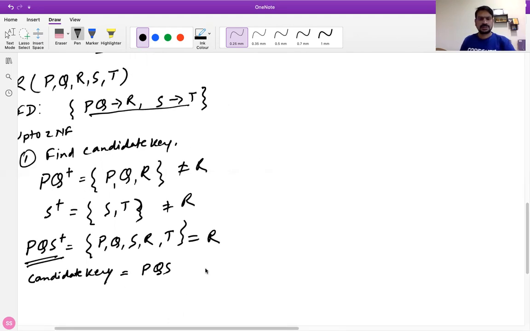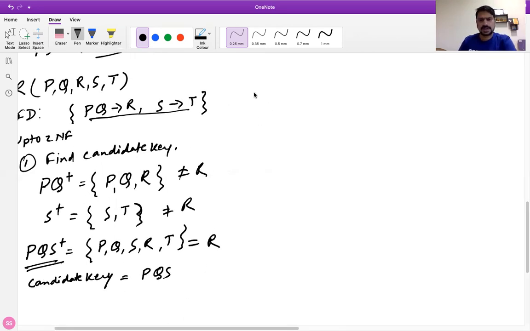Now, let's go for the second step, check for second normal form. We'll check the second normal form with the first functional dependency, which is PQ determines R. Here PQ are the part of the key, right?